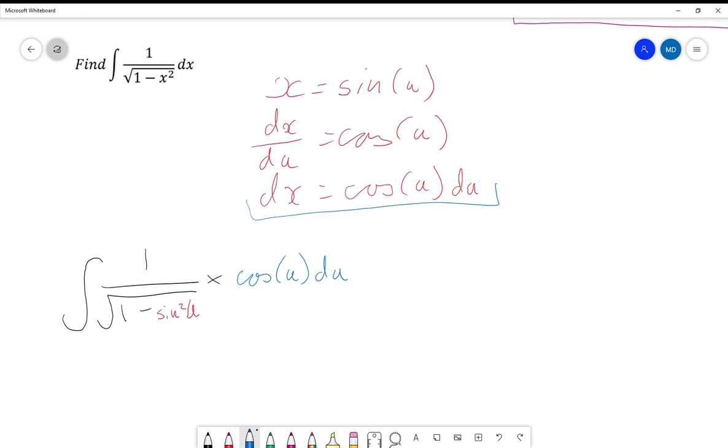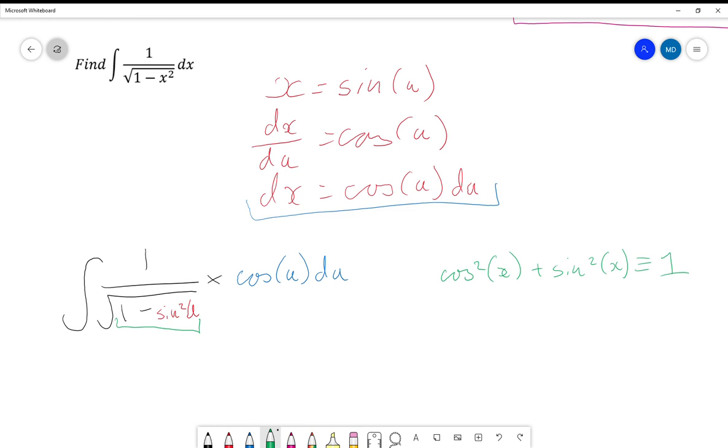Now, what's going on here? Well, down here seems a little bit odd. It seems very awkward and not very nice, but actually it's really nice. Because what we need to remember is that cosine squared of x plus sine squared of x is always 1, regardless of the value of x.